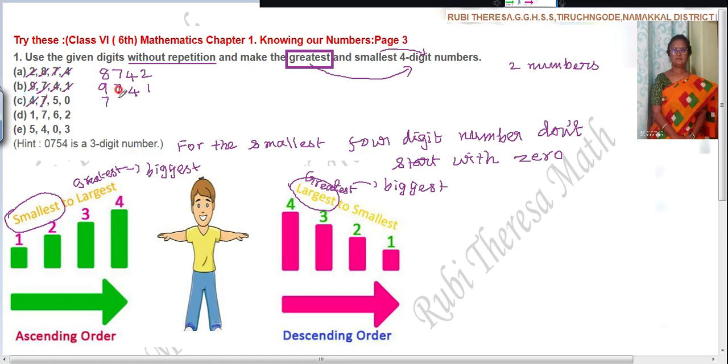Next one is 4. 4 is the greatest. Next one is 5. Finally 0. So in which order are you writing? Descending order. Largest to smallest. Then only you will be able to find out the greatest number. Here, which one is the greatest?